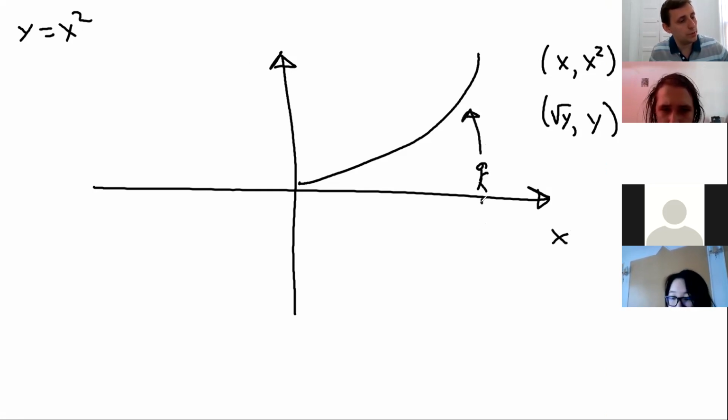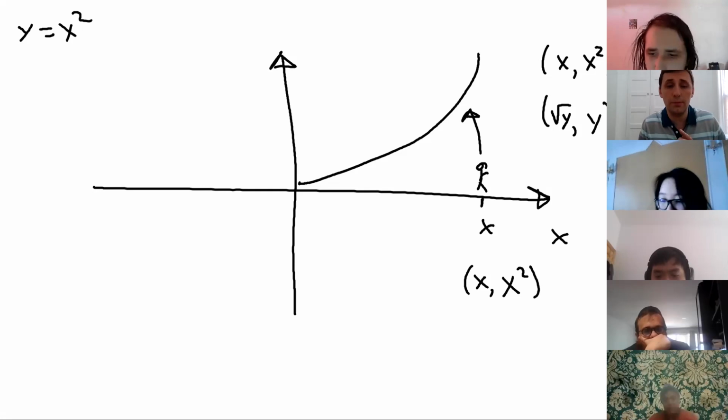What do you report? If you're standing at position x, you report that my altitude is the square of my position on my horizontal line. The altitude is the square of my latitude, let's say. I don't know what you call it. Good.